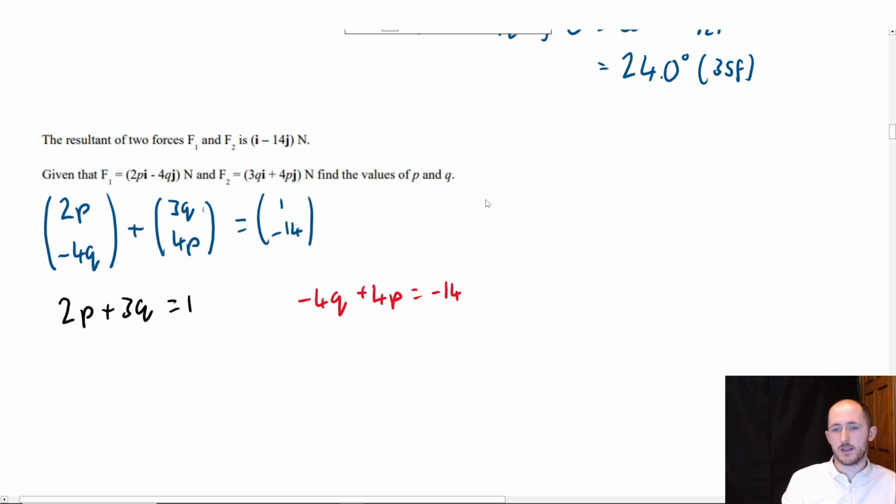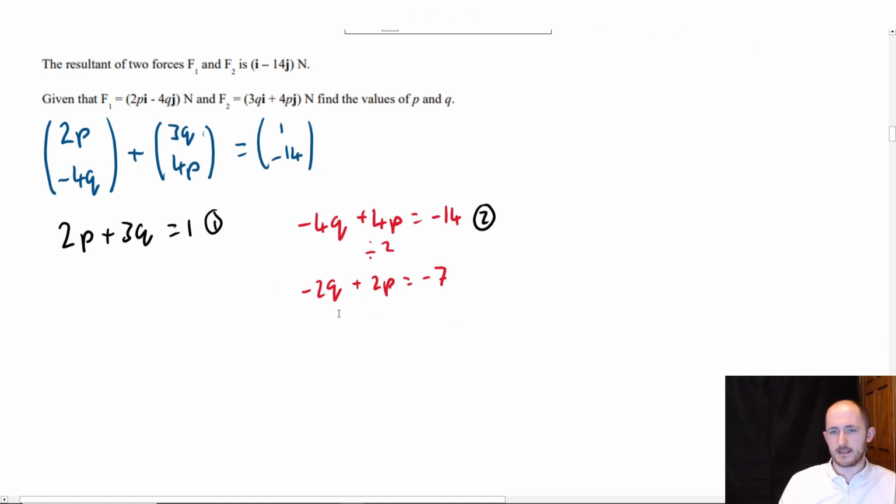So what we can do is use simultaneous equations to work out the answer. If I look at equation 2, I'm going to divide everything by 2, and we're left with minus 2q plus 2p equals minus 7. And if I look at equation 1, there's a 2p there, so I'm going to use substitution for this method, although you could quite easily do elimination as well.